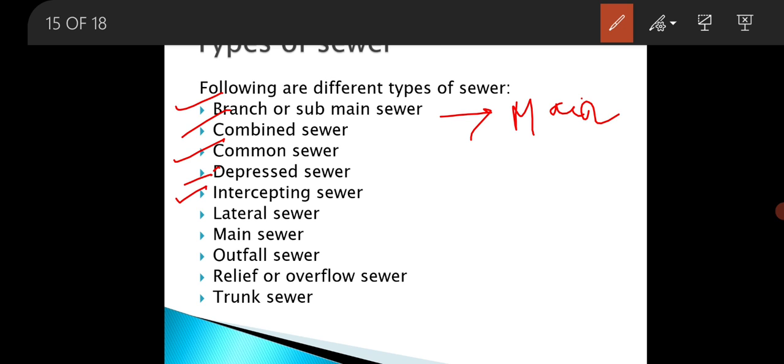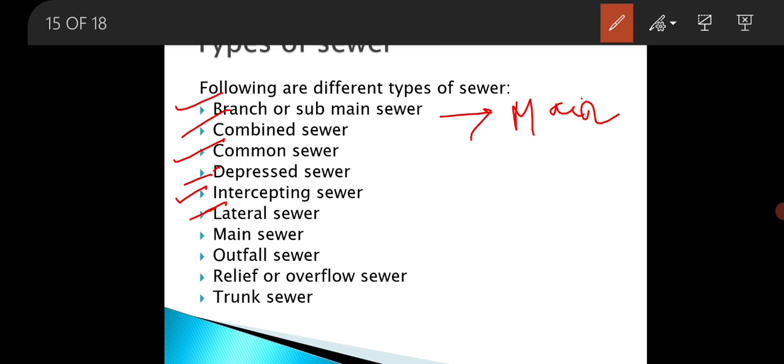Then intercepting sewer. Intercepting sewer is used to indicate the sewer which intercepts the discharge from a number of main sewers and carries the flow to the point of treatment and disposal. Then lateral sewer.